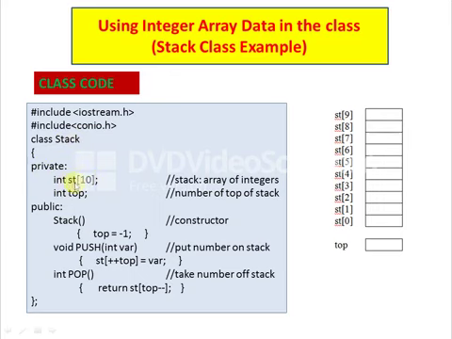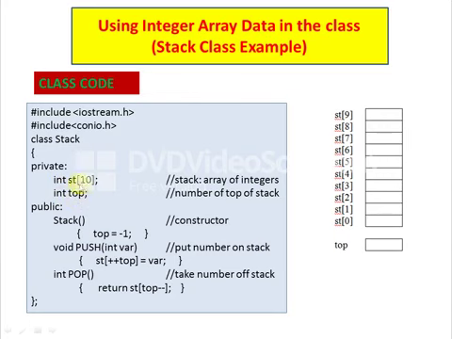So this is an array of integers. The name of this array is st, and the data atoms which we are going to reserve in this array are 10. There will be 10 data items, and all the data items will be of data type integer.